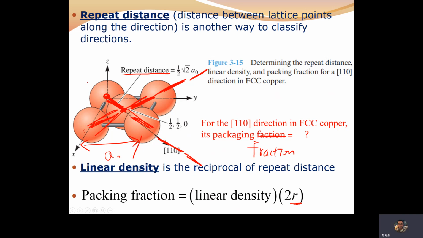You can figure out its linear density because we know the direction is 110, we know its crystal structure is FCC, and we know it's copper. Therefore, we can find the copper's atomic radius right here. So it's not difficult to find the copper's packing fraction in the 110 direction.